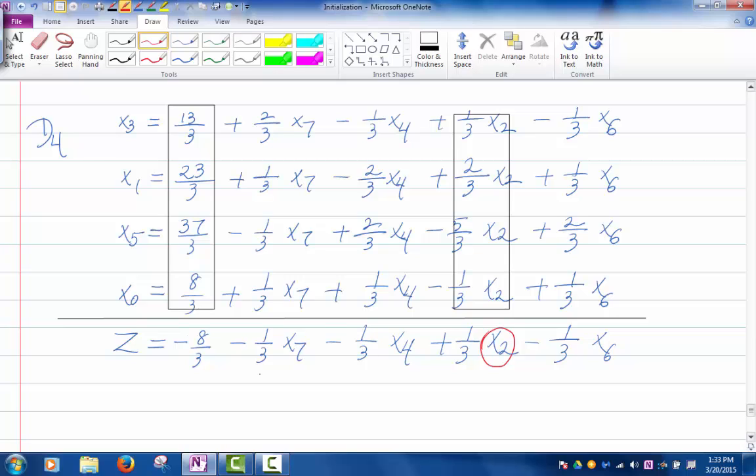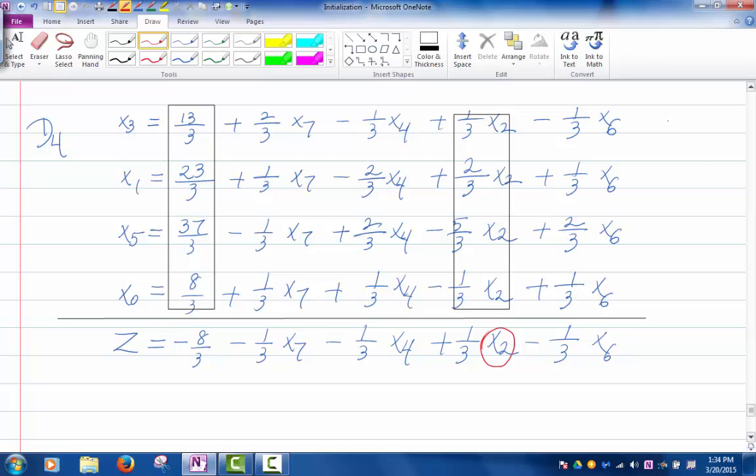now look at the column for x2 and the constant column. From the first row, how large can I pick x2? As big as I want, right? Because I have positive 1/3 x2, so no matter how big x2 I pick, x3 will remain positive, right?